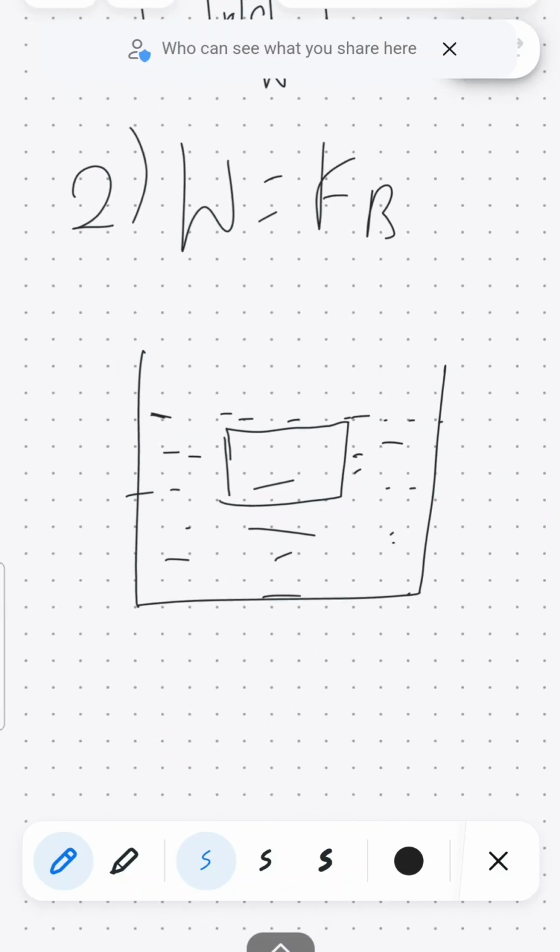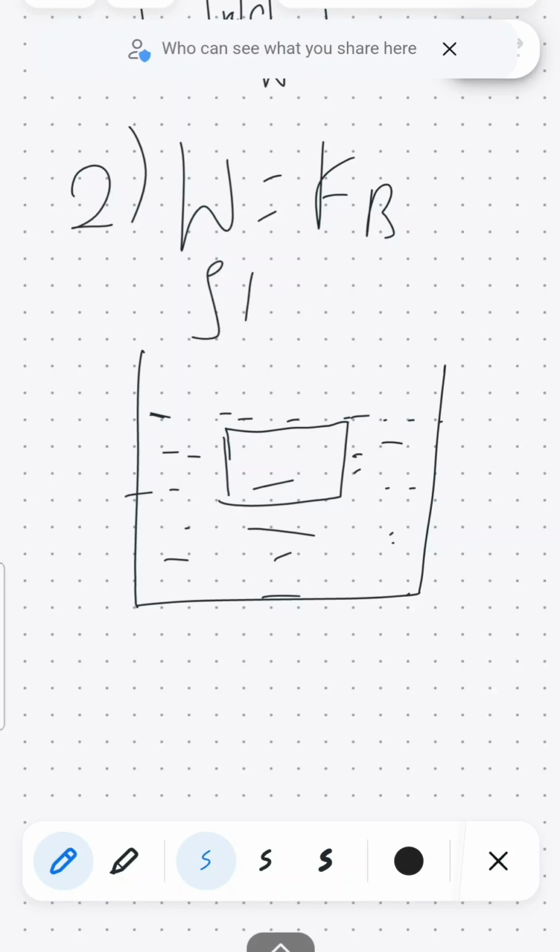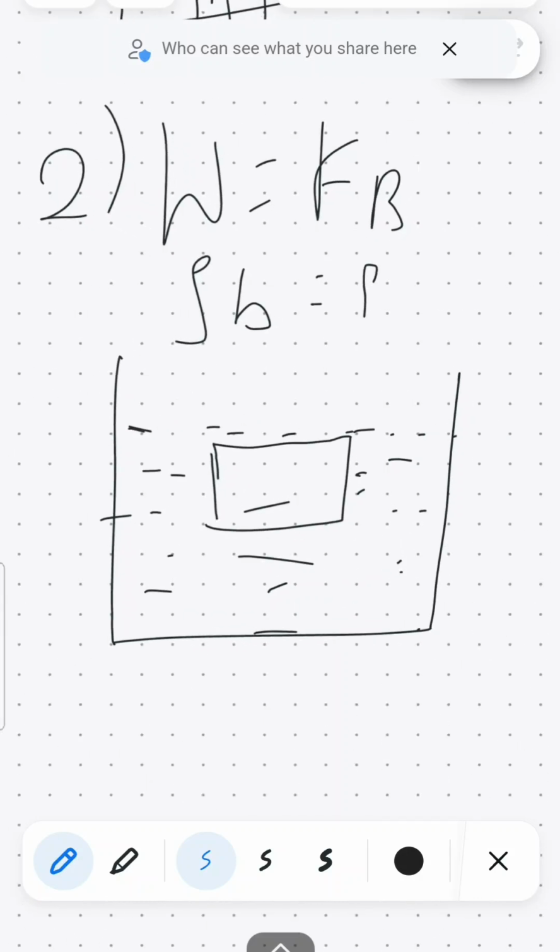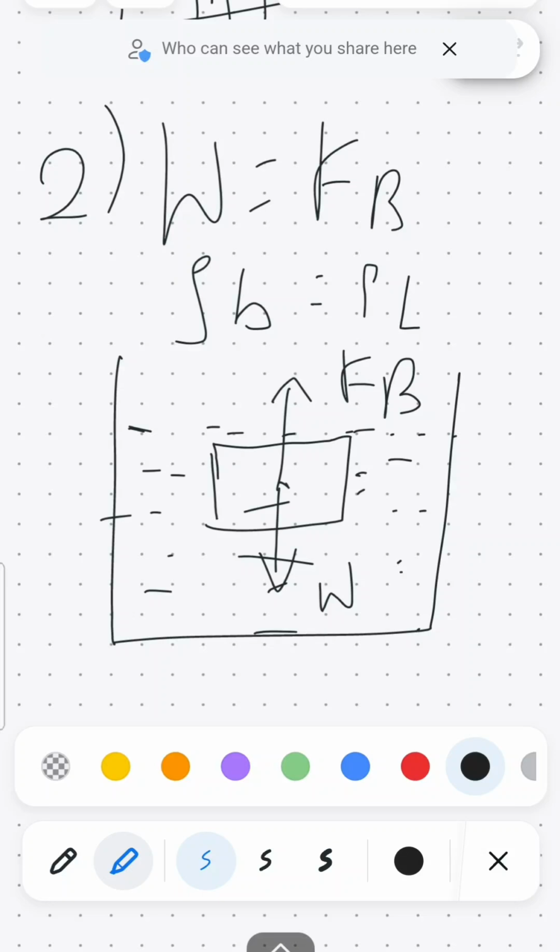This case exists only when the weight of the body is equal to the weight of the displaced liquid. In this case rho B is equal to rho L. Here is G, and here is B.